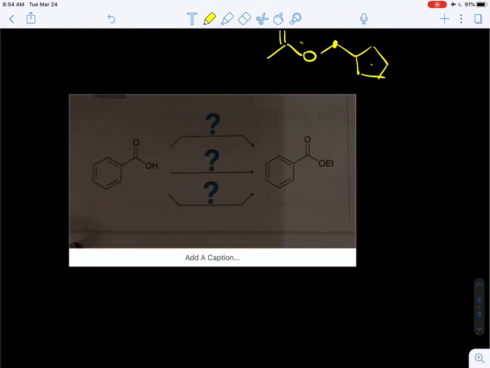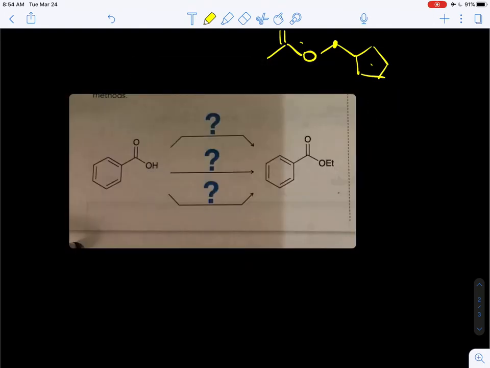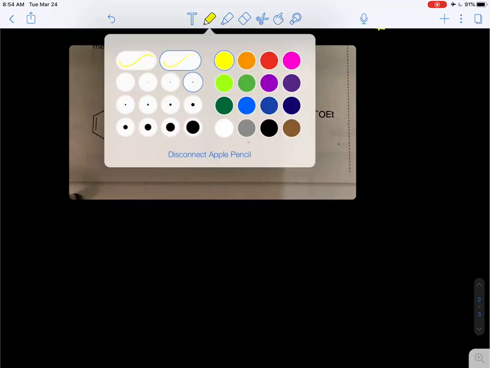All right, and some of these reactions we didn't review yet, but we have talked about them all. It's basically saying, hey, you can go from this carboxylic acid to this ester here, and there's 3 different ways to do it. Show how you would do it, okay? So, there's going to be 3 answers here.